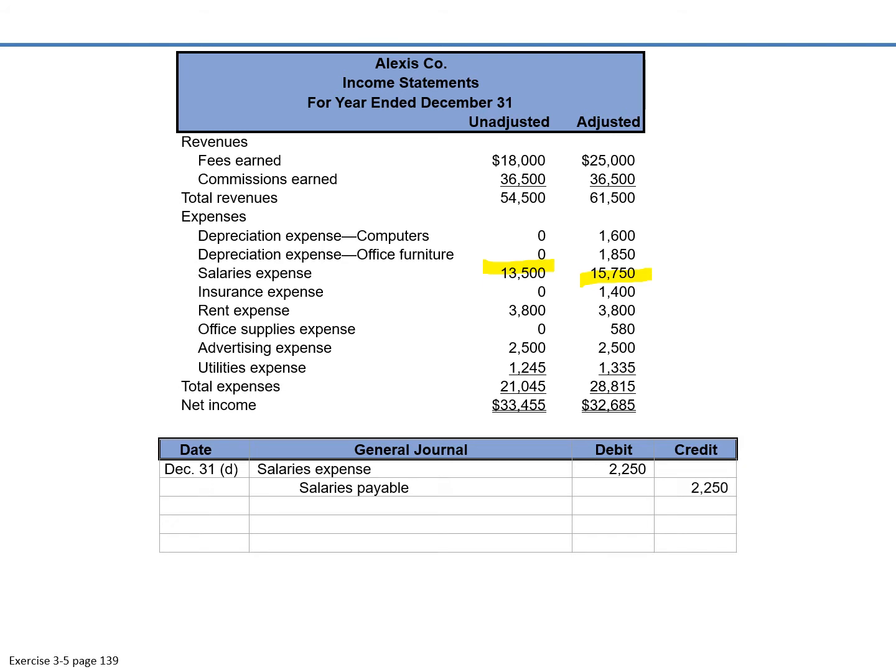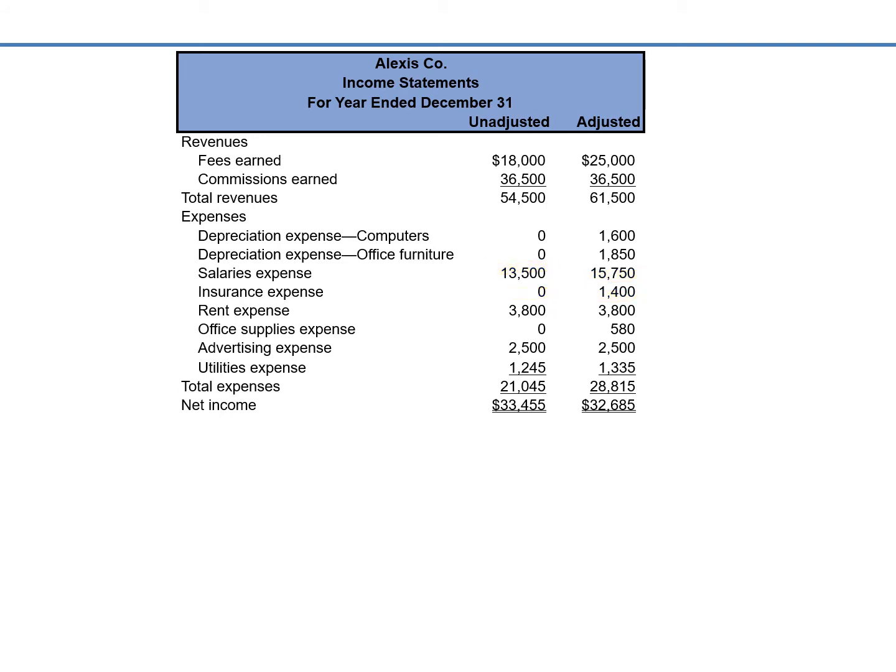Then insurance expense went from 0 to $1,400. To increase our insurance expense account, we debited for $1,400, which means we credited prepaid insurance for $1,400.